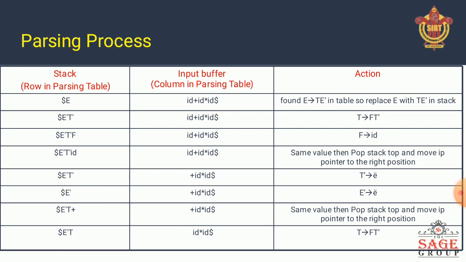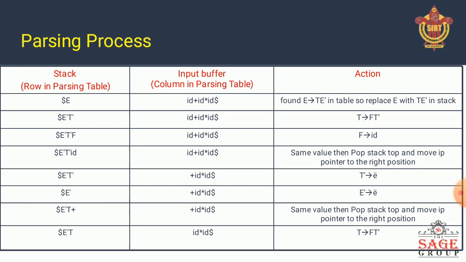We use entries in the parsing table to validate these values. Stack values refer to the row in the parsing table, and the input buffer refers to the column. In front of the stack we have capital E, and in front of the input buffer we have id.